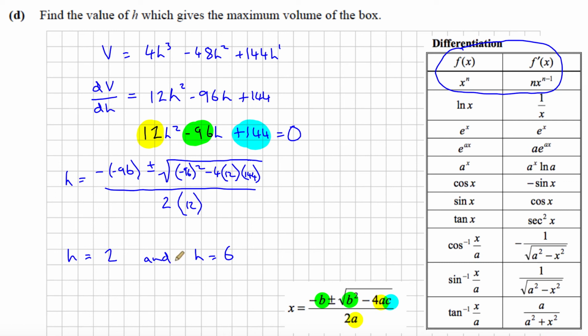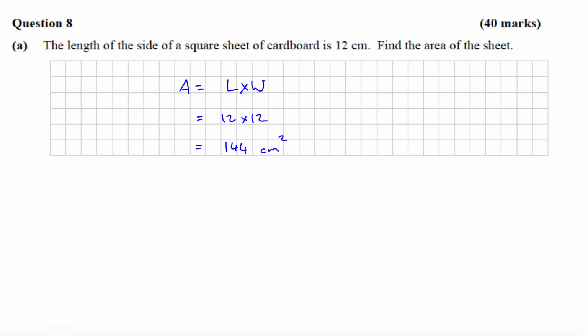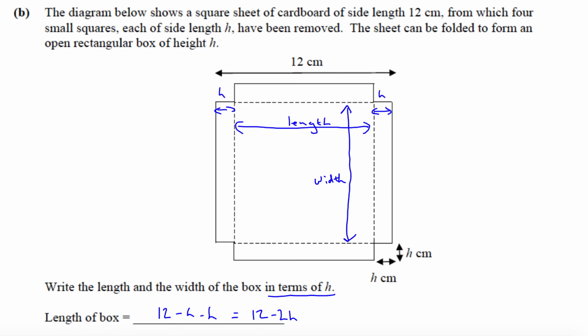Now it says find the value of h which gives the maximum volume of the box. Okay, now if h was 2 and h was 6, if you go back to the original diagram, which was here, if h was 2, that would mean that this would be 2, this would be 2, and the length would be 8, because 2, 8, and 2 gives 12.